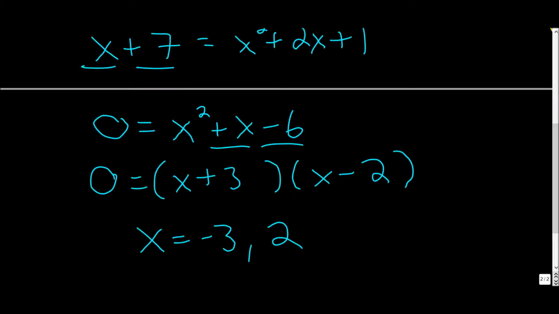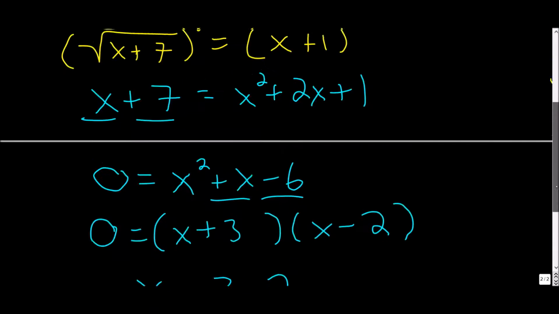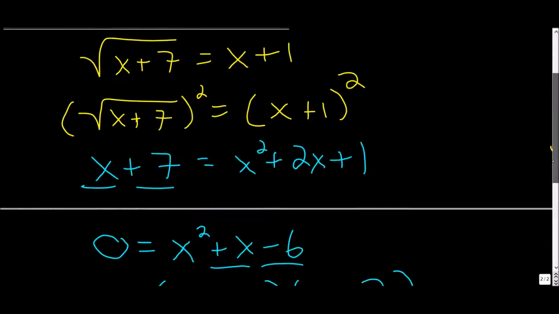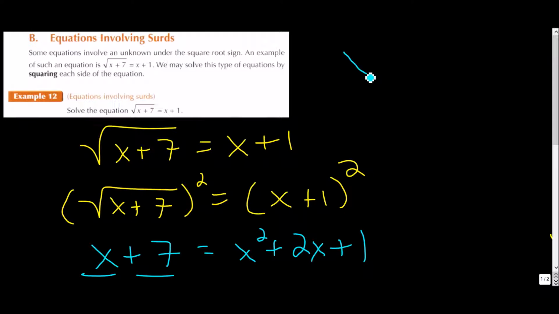But what we have to do is check to make sure that these numbers make sense in our original equation. If we move back up to the top, if x equals negative 3 and 2, we look back here. If we plugged in negative 3, we get the square root of negative 3 plus 7, which is 4.